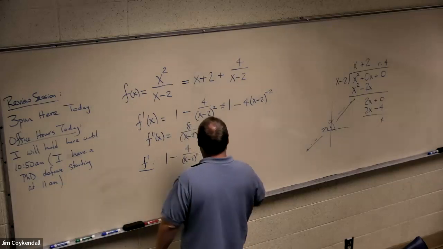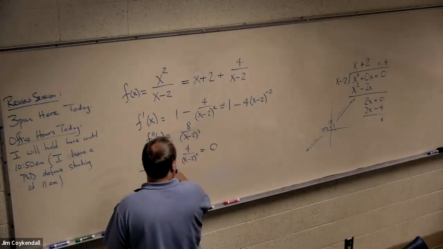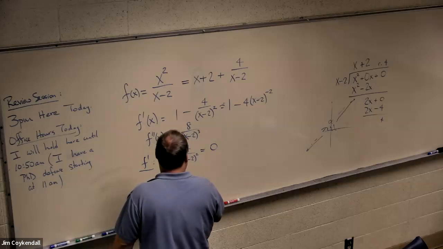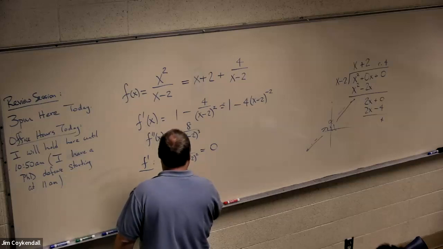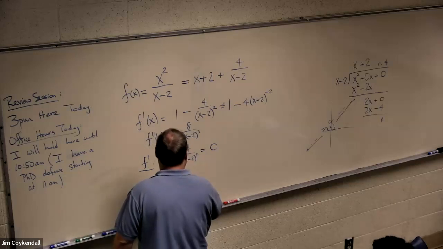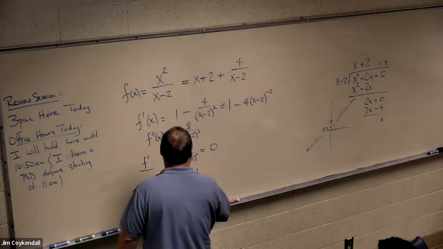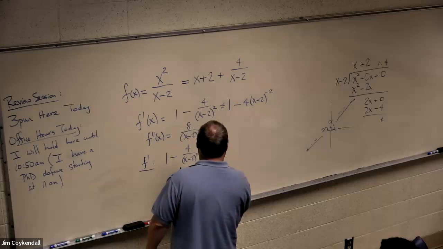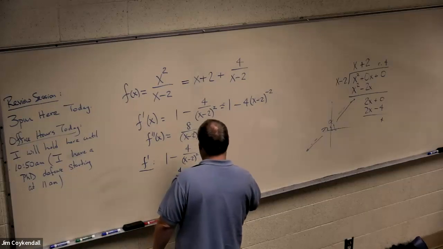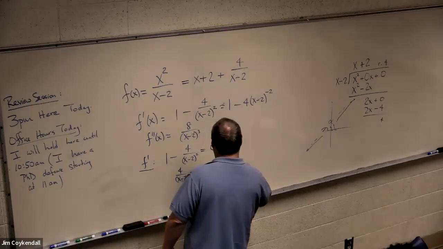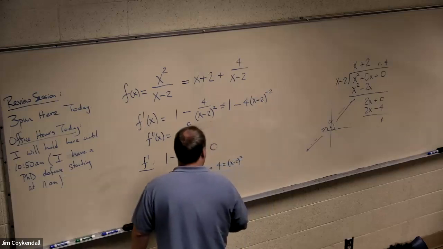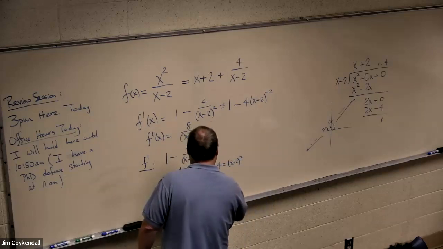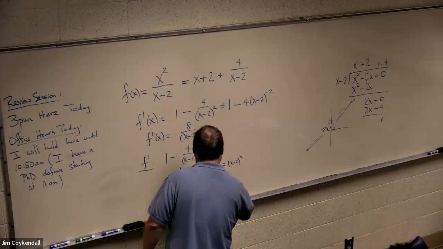So I'm going to record this later. I get 4 over (x minus 2) squared is equal to 1. This gives me 4 is (x minus 2) squared. So I get x minus 2 is equal to plus or minus 2.